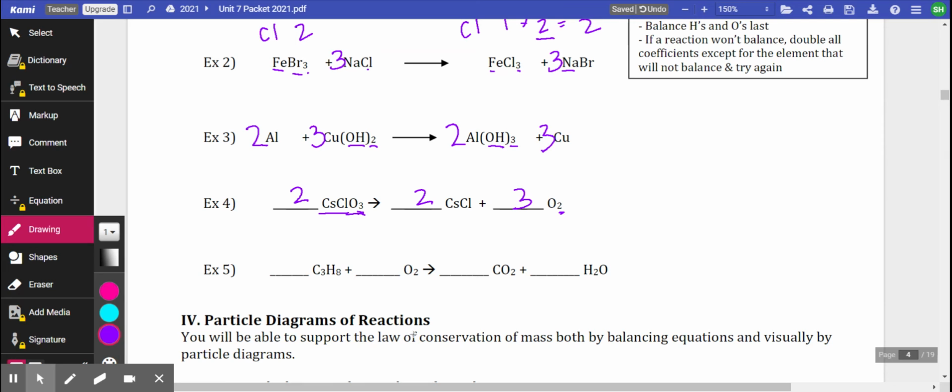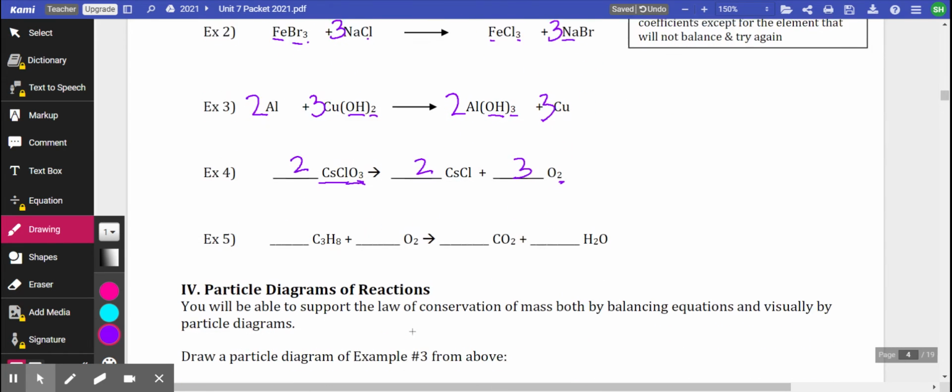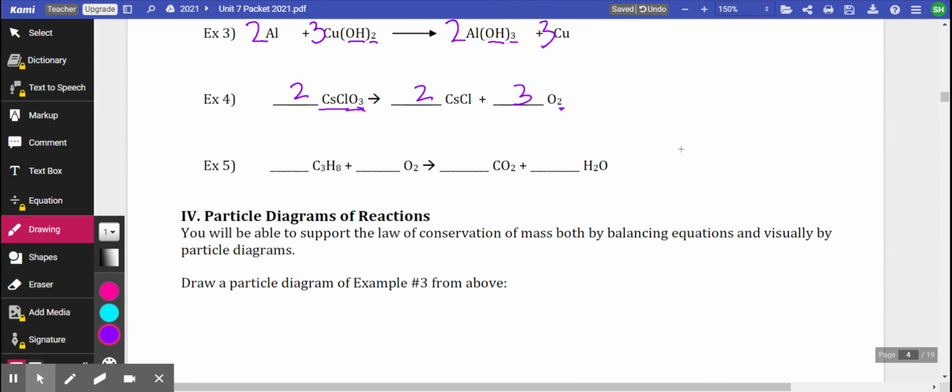Okay. In our next example for number 5, this is an example of a combustion reaction. So we're not learning types of reactions yet, but this is one that's really easy to pick out. And if you identify these types of reactions, there is kind of a sequence of elements, kind of an order that you want to balance these in that makes it much easier to balance.